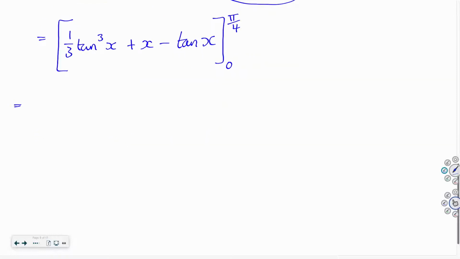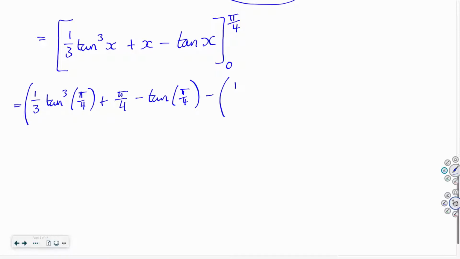Putting those limits in, we get a third tan cubed pi on 4 plus pi on 4 minus tan pi on 4, and I'm putting that in brackets. Then minus a third tan cubed 0 plus 0 minus tan 0.